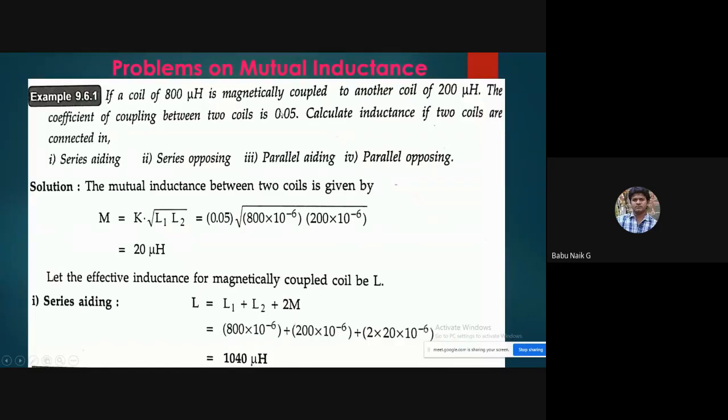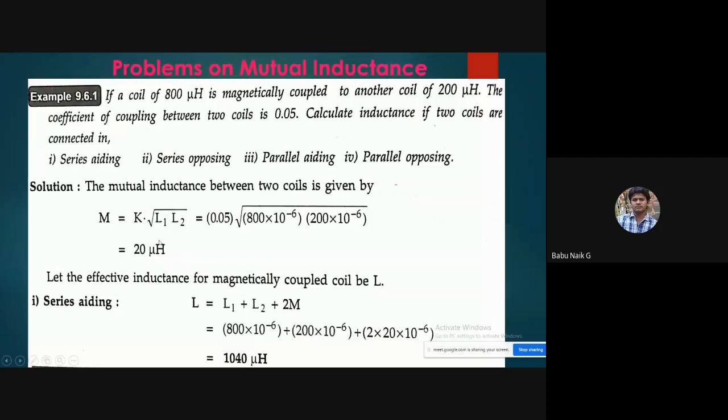So K is given, that is 0.05, and L1 is equal to 800 microhenry, you can put it here, and L2 is 200 microhenry, that is 200 into 10 to the power minus 6. Now if you simplify this, the mutual inductance between the two coils, you will get here 20 microhenry.